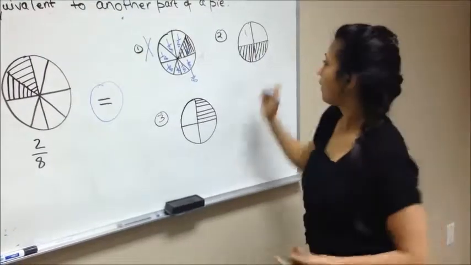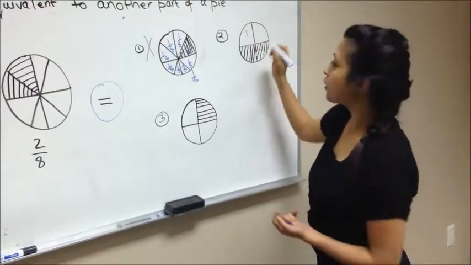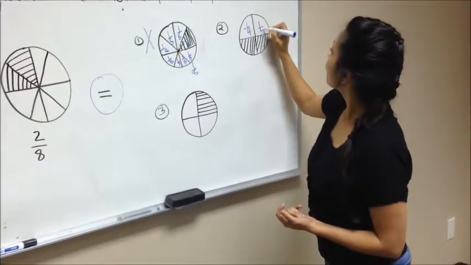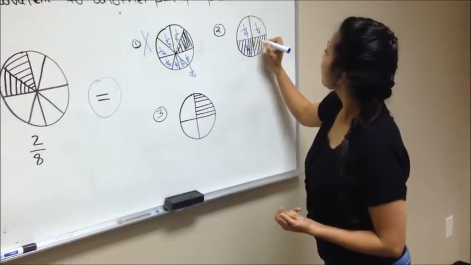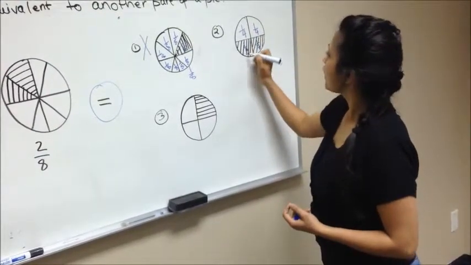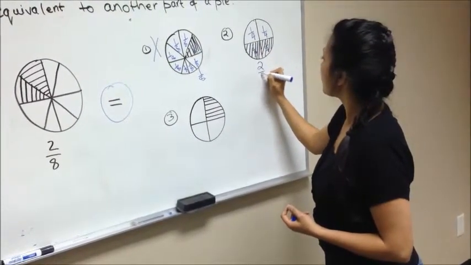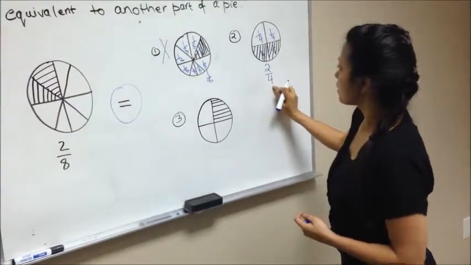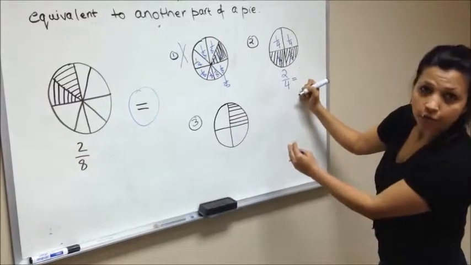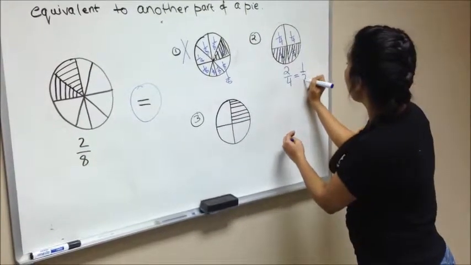So we just learned if it is divided into 4 equal parts, each part is 1/4. So 2/4 is not shaded, 2/4 is shaded, which, if you bring it down to its lowest term, is 1/2.